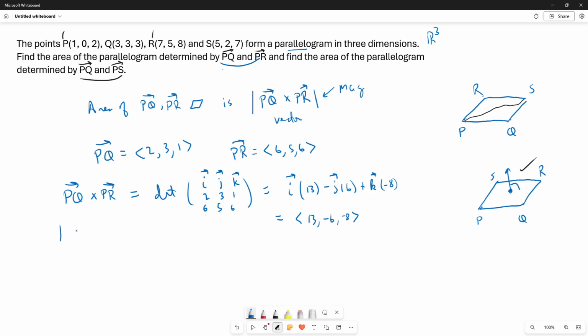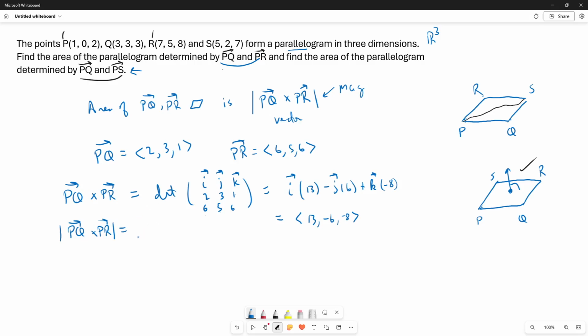And then the magnitude of that vector will give us the area of a parallelogram. That is not the parallelogram we seek, though. We want PQ, PS. We don't know that yet, let's say.